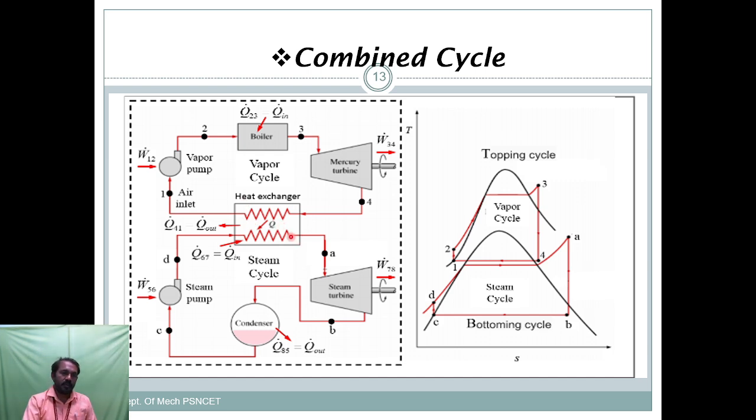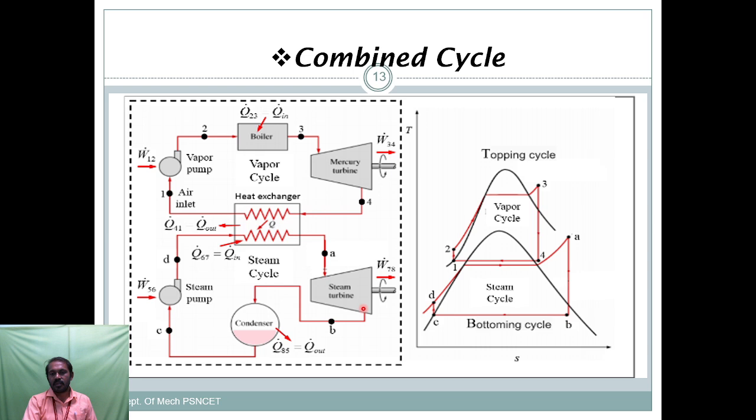The high pressure, high temperature, high entropy steam comes to the turbine. The turbine is a rotating device connected to the generator to produce electricity.